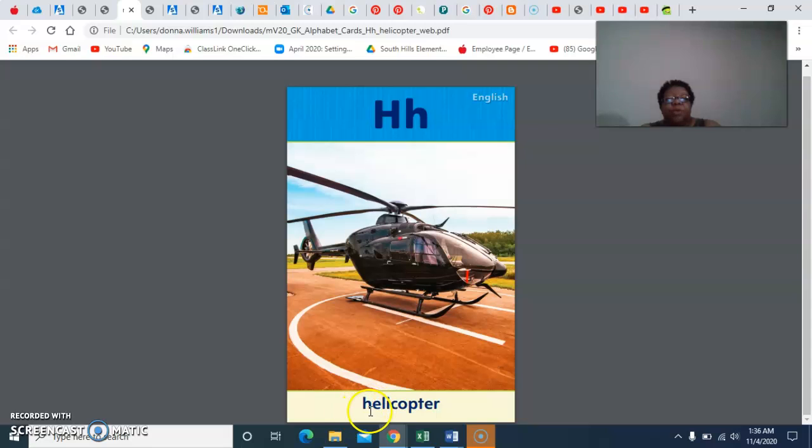Then we have the word helicopter, and we see the H at the beginning of the word. The sound is just like hat and helicopter. Be thinking of other words that start with the letter H sound.